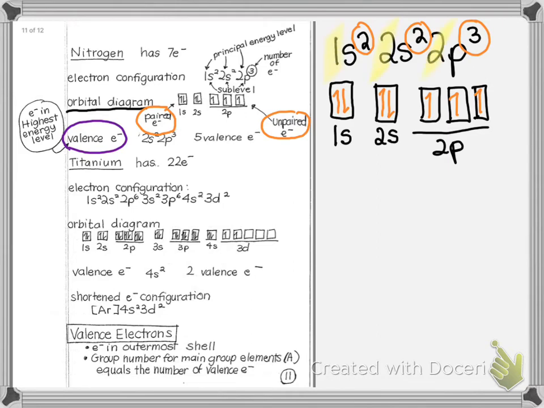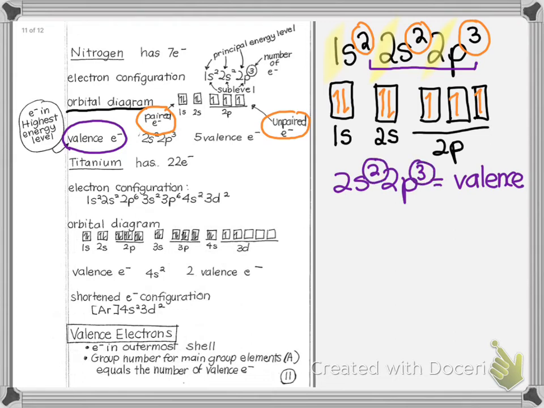So in nitrogen, there's some electrons in level 1 and some electrons in level 2. Well, number 2 is higher. So all of these in level 2 are the valence electrons. So we could say 2s2, 2p3, those are the valence electrons. Or if you want to add them up, we have 5 valence electrons.